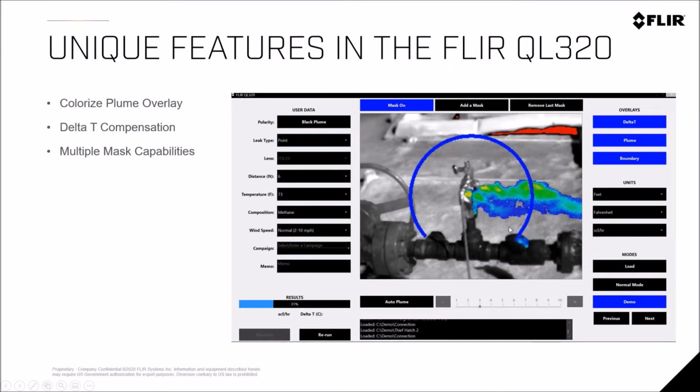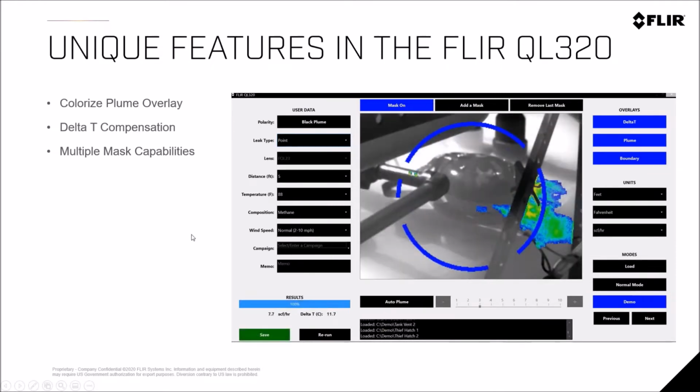And then if you wanted to add, you could do multiple masks, which I think we'll get into here in a little bit, where I would swipe once, on, off, and then I would add a mask. I would swipe 1, 2 again, add a mask, 3, 4, add a mask, 5, 6. In this case, you have a pipe as well as an angle iron in between what you're looking at.